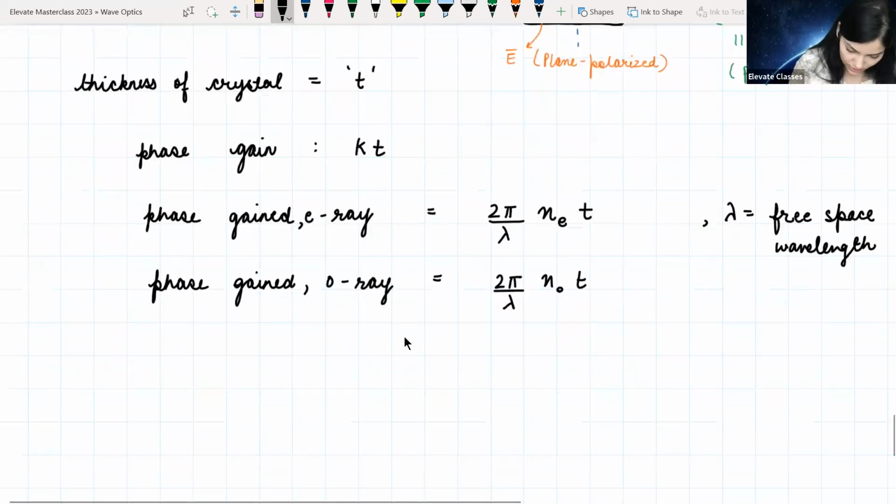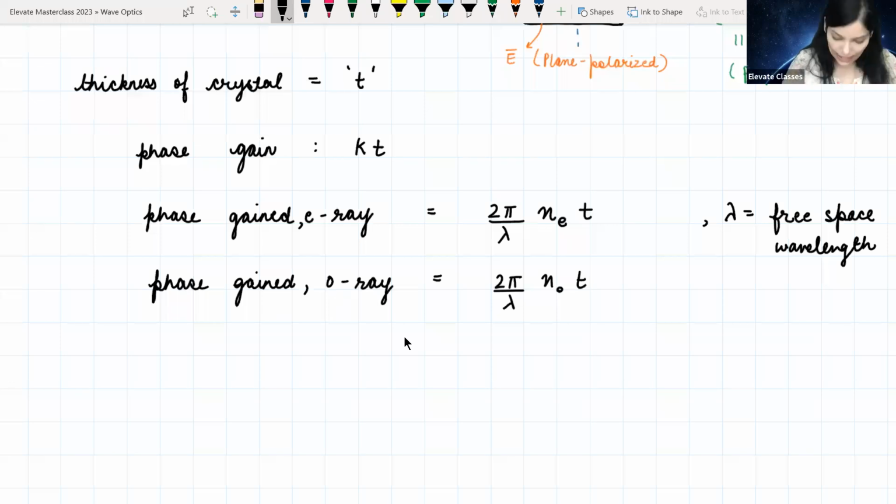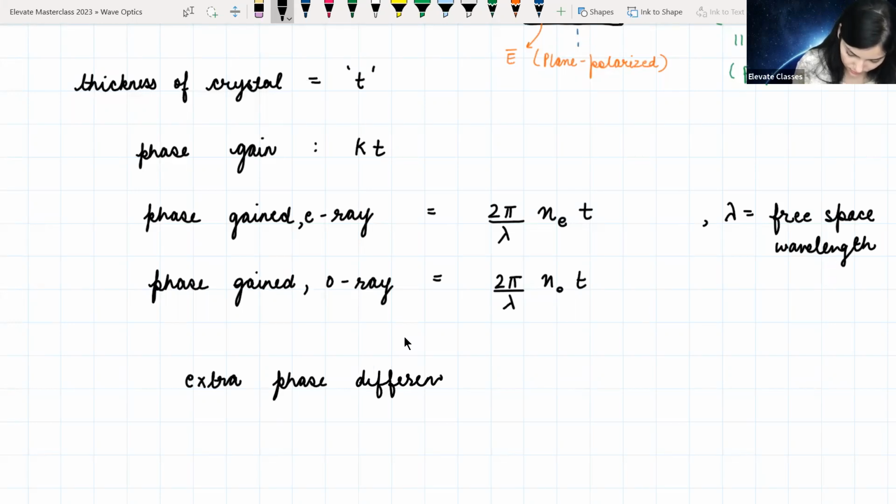So now what is the extra phase that the ray has gained? So what is the extra phase, or phase difference? We can call it anything, we can call it phi, okay? How much phase difference has come between the two rays, okay?